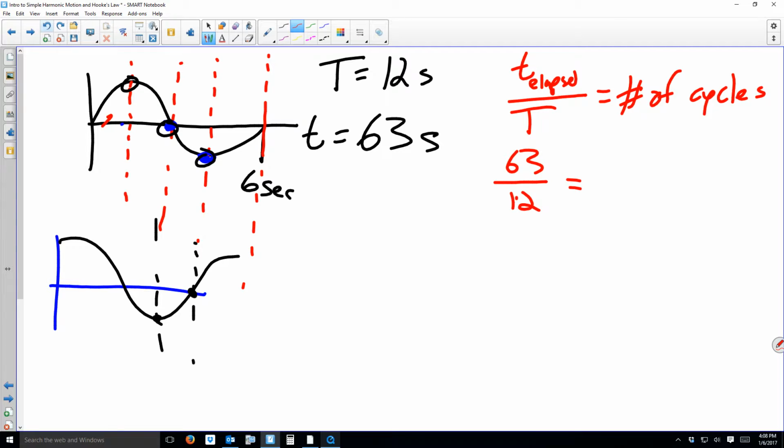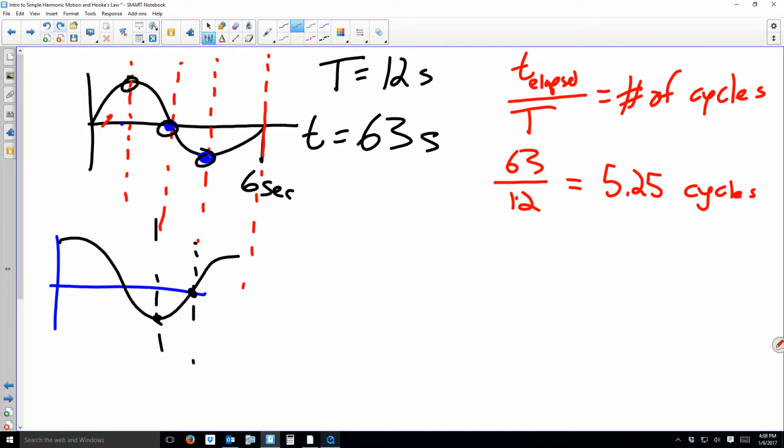So I've got 5.25 cycles completed. What that means is that my object went through up, down, back to equilibrium once, and then it did it again, and again, and again, and again, 5 whole times, but then it also went 1/4 of the way again.